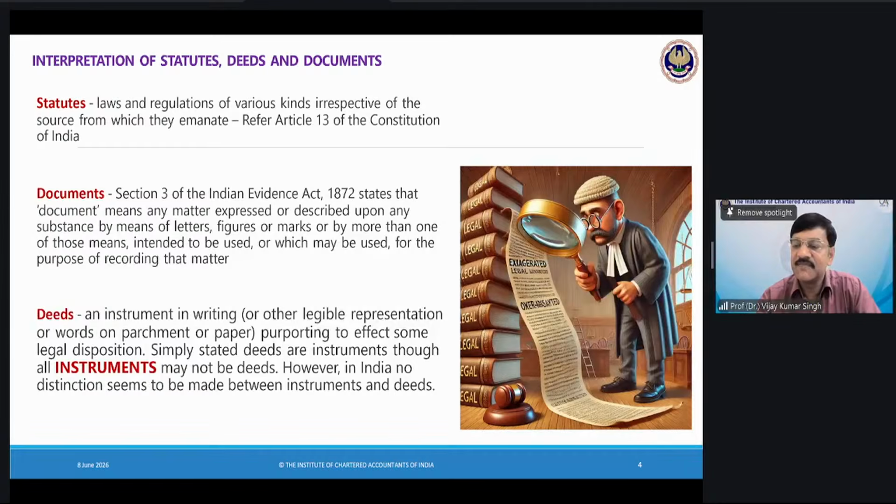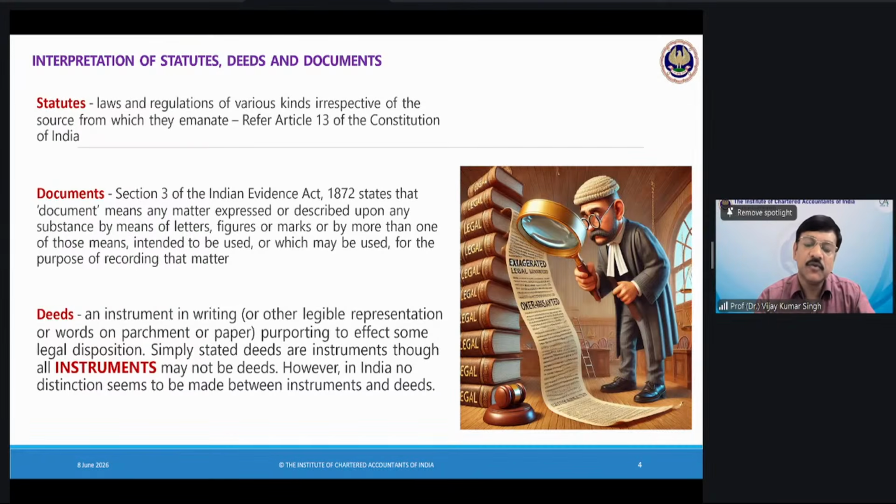But if something is written on a glass or a piece of mobile, these are called documents. Deeds are always drawn upon a parchment or paper, as you can see in this picture. This is a kind of deed, purporting to give effect to some legal disposition. You could say these are instruments, though all instruments may not be deeds.